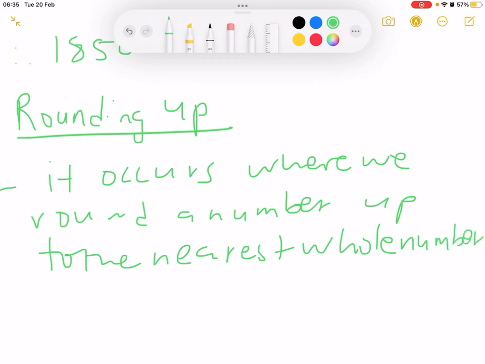Why do we do that? It occurs in situations where we cannot have a portion of a number.